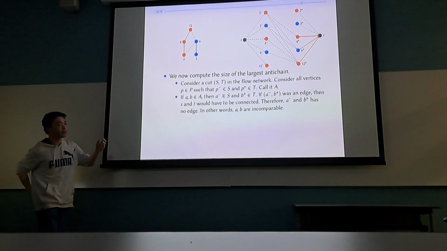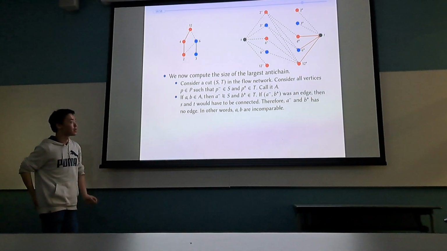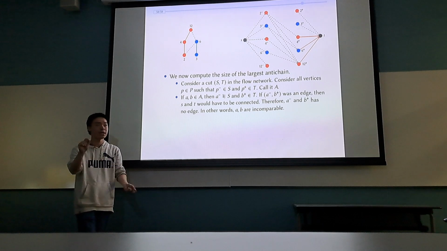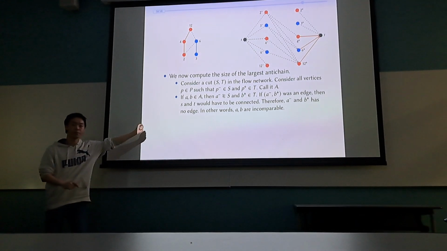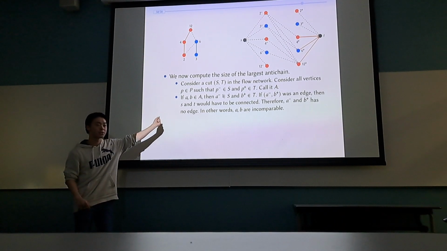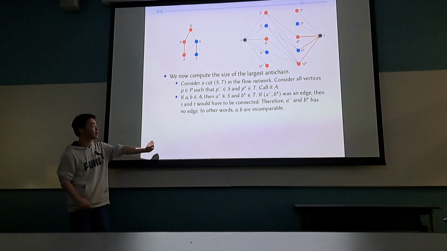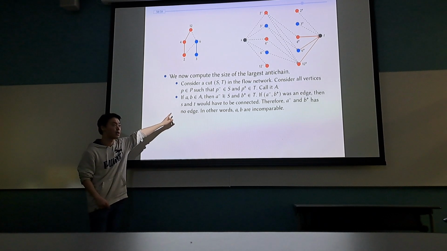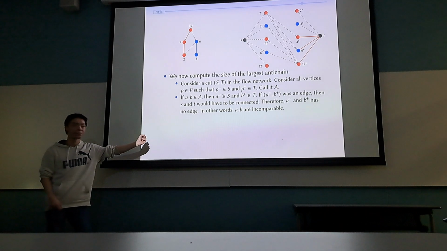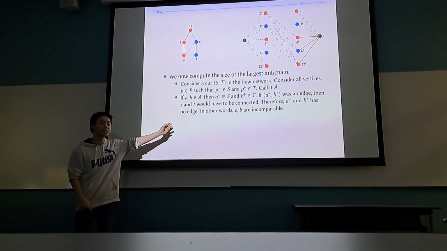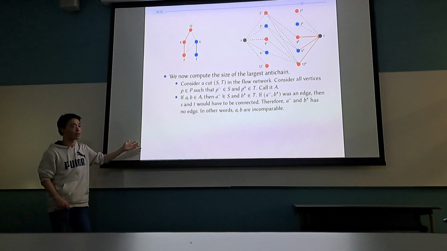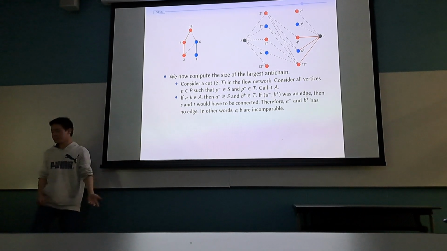Notice that if A minus and B plus had an edge to begin with, then S and T would have been connected, right? Because I can go from S to A minus to B plus to T. So if I take any 2 points in A, and A minus and B plus happen to have an edge, that means S and T would have been connected, and therefore the S and T partition would not have been a valid cut to begin with.